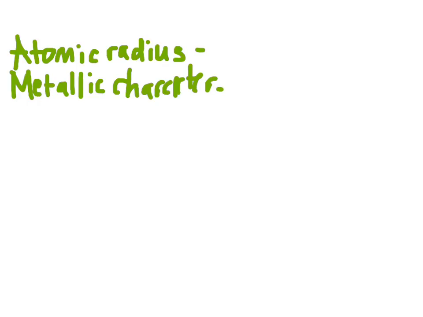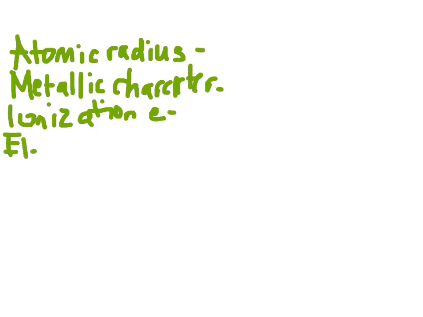My handwriting just gets bad on here. You have your ionization energy. I'm just going to write E. And you have your electronegativity. That's a negative, by the way. I'm just going to write neg.